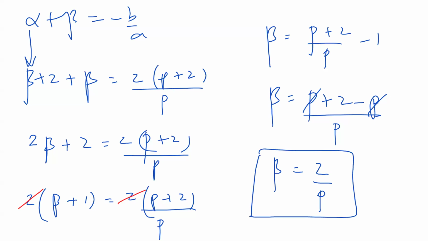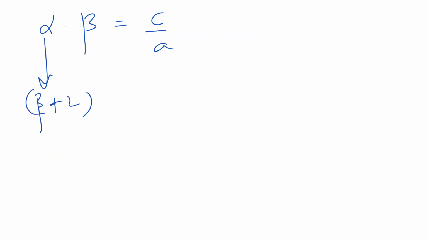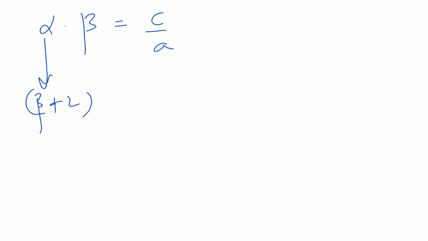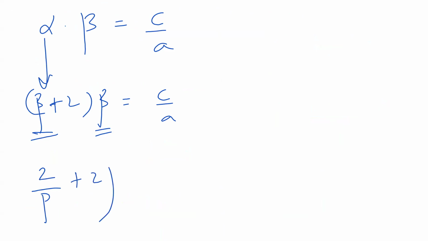Now there is one more condition, that is alpha into beta. Alpha into beta is c by a. Now alpha is beta minus 2, sorry, beta plus 2. We have written alpha is equal to beta plus 2, and at the same time, beta will remain beta. Now put the value of beta, 2 upon p, and this is 2 upon p.